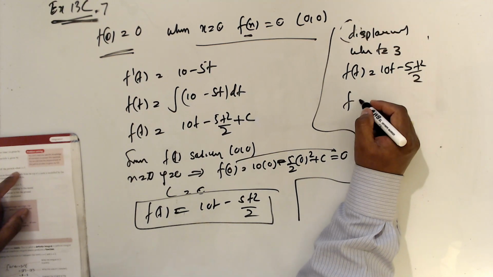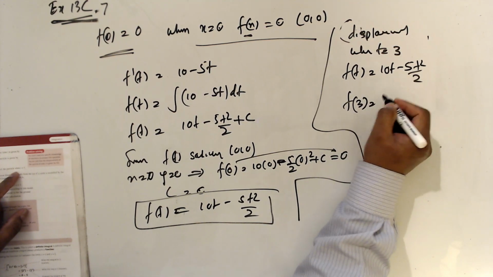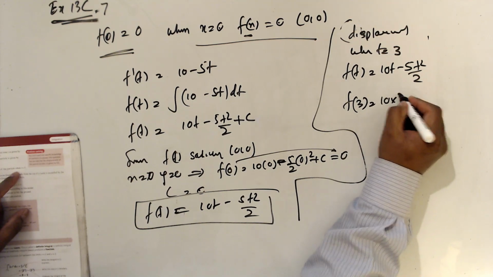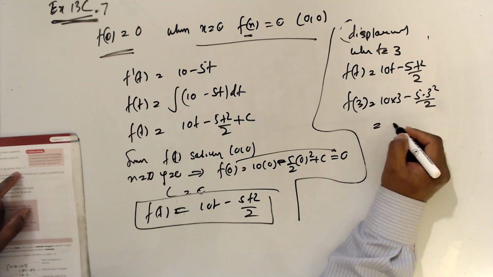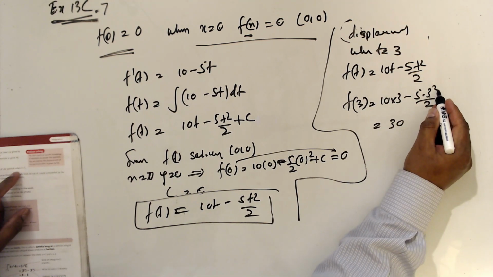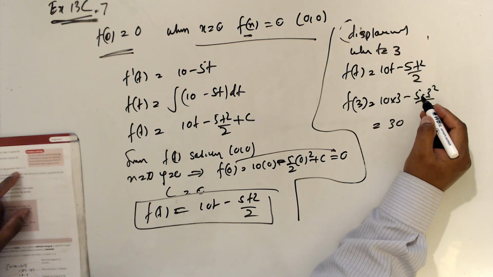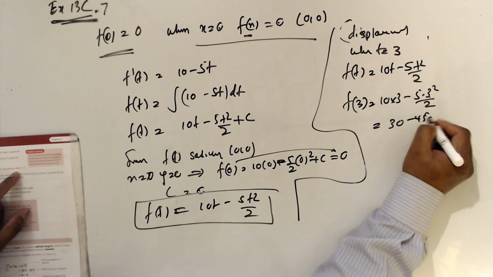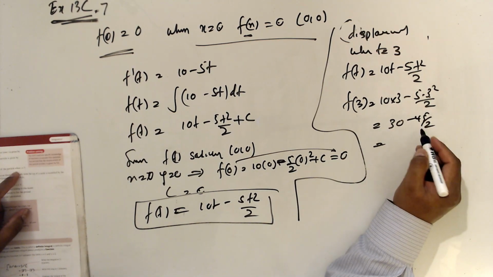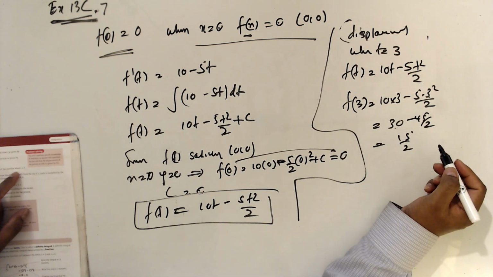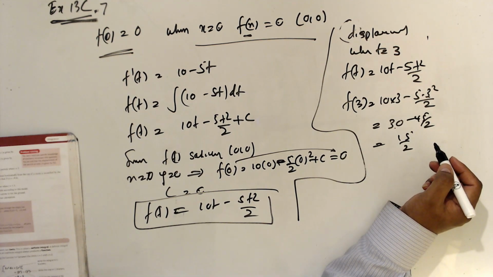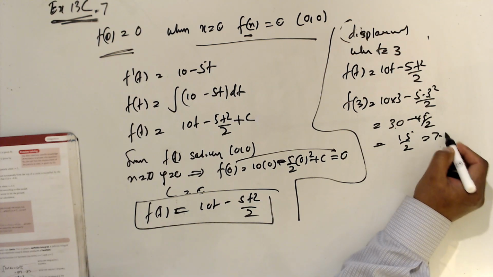So this is going to be f(3), t equals 3. 10 times 3 minus 5 times 3 square over 2. 30 minus 9 times 5, 45 over 2. So 60 minus 45 over 2, which is 7.5.